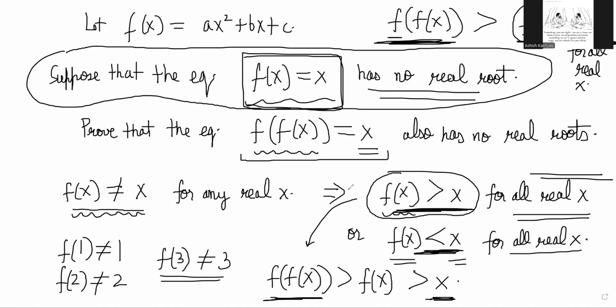Basically, it's a logical proof कि if f of x will never equal to x, then f of f of x will also be similarly bigger than f of x or smaller than f of x, which means that it is bigger than x or smaller than x, which means that this equation cannot have any real roots. Do you understand what is happening?